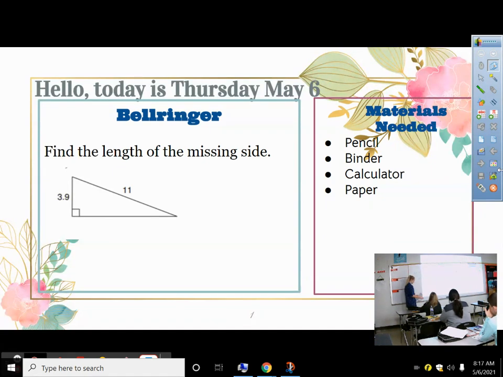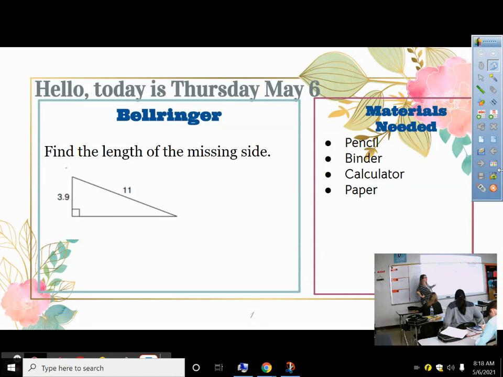Thank you. Abby, tell us, do you agree or disagree? I agree. Yeah, very good. So notice on this one, they gave you one of the legs and the hypotenuse. And so you had to plug it in for A and C, and then you had to find B. And also, I like how you explained that there was nothing telling you that it was a 45, 45, 90 or a 30, 60, 90. A 30, 60, 90 would have to have one of those labeled as either 30 or 60.